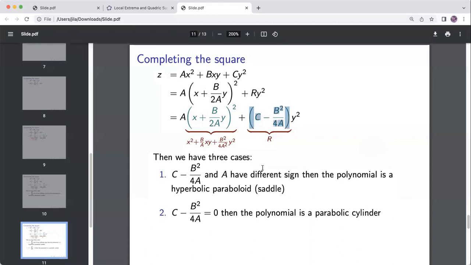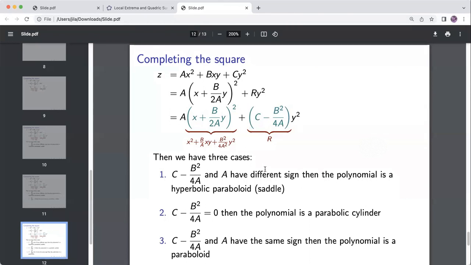If the coefficient of y squared is 0, then you get a parabolic cylinder. If the two coefficients have the same sign, then you will get a paraboloid out of this Taylor polynomial, basically.